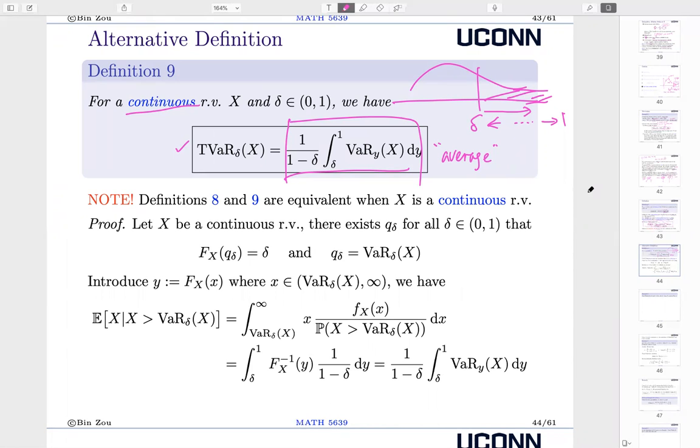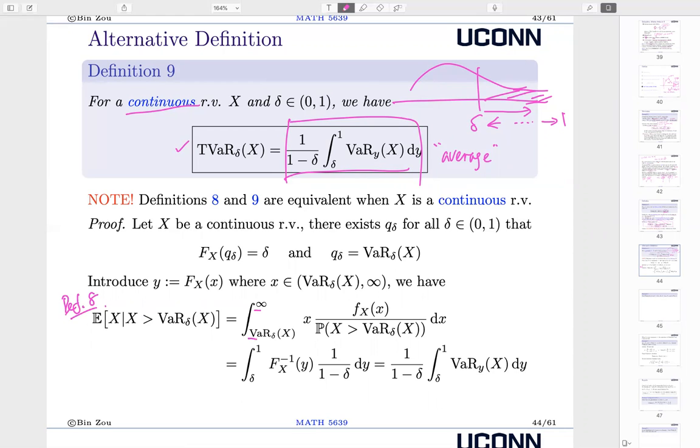If you really want to know why this is the case, we start from definition 8. This is how we define TVaR so far, right? And by definition, it's a conditional expectation. So you go from the condition to infinity. It's possible that there's a maximum for your X, but I don't care, I just write infinity.